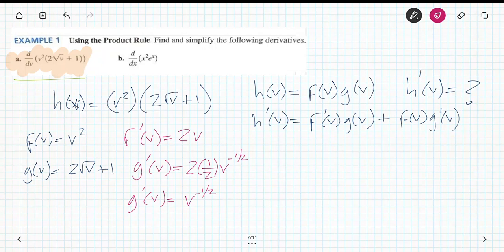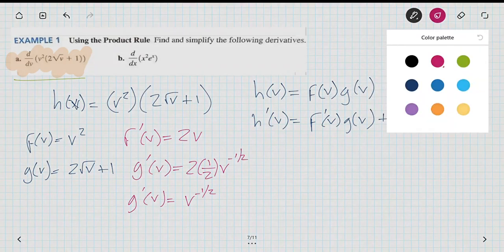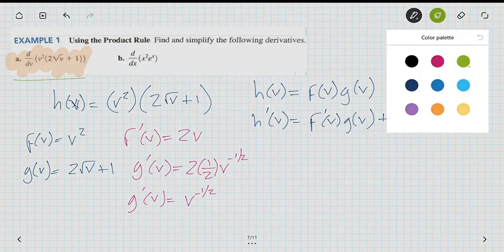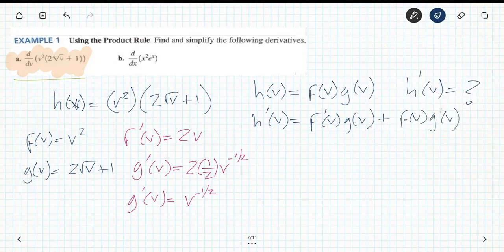All right, so now that we know our f of v, our f prime of v, our g of v, and g prime of v, we're just going to write it into our product rule. Think of it like you're cooking something and you're basically prepping everything, and then at the very end you're just throwing it all in the pan. So let's use the same color we were using. h prime of v is going to be, what's my f prime?